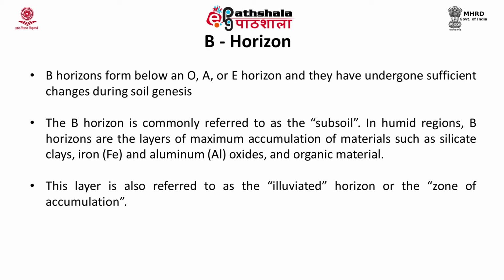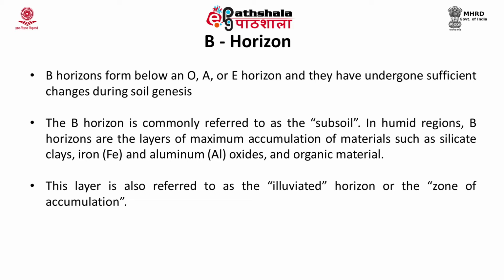In humid regions, B horizons are the layers of maximum accumulation of materials such as silicate clay, iron and aluminum oxides, and organic materials too. These materials typically accumulate through a process termed illuviation, wherein the material gradually washes in from the overlying horizon. Accordingly, this layer is also referred to as the illuvial horizon or the zone of accumulation.